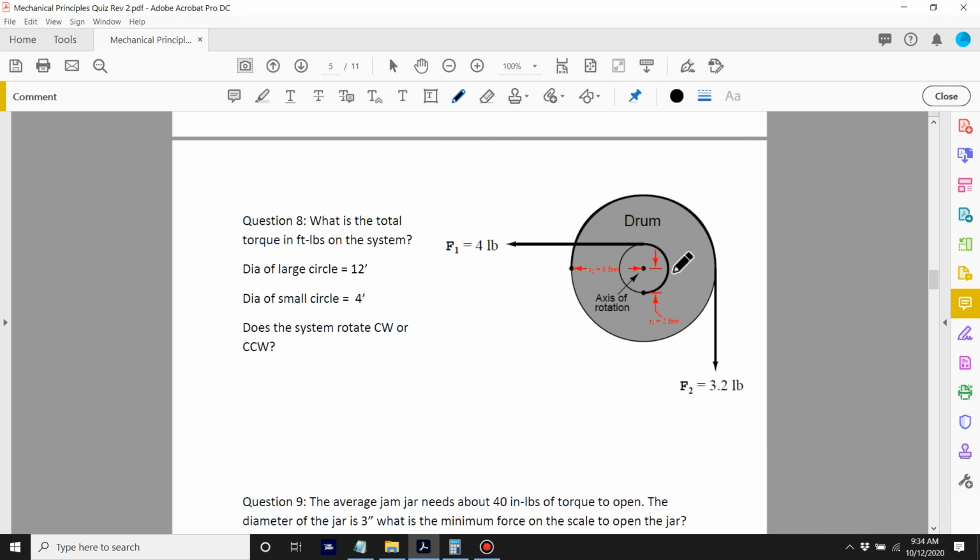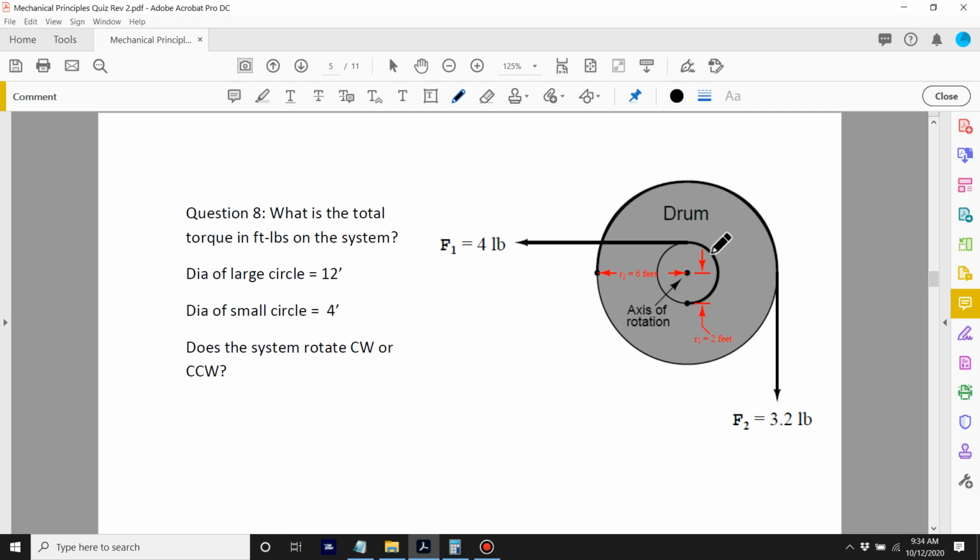All right, I know this looks crazy, but we have two drums that are connected. Well, it looks like this is a drum and this is the shaft, and both of these are connected.